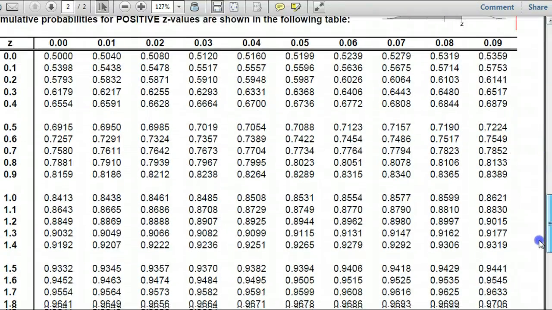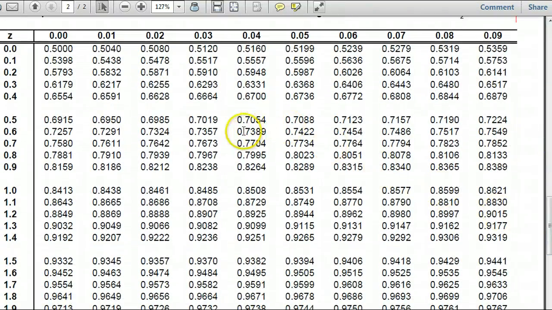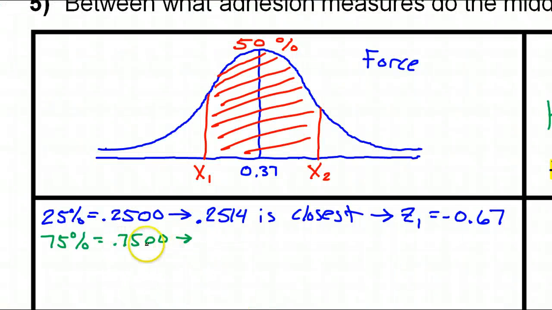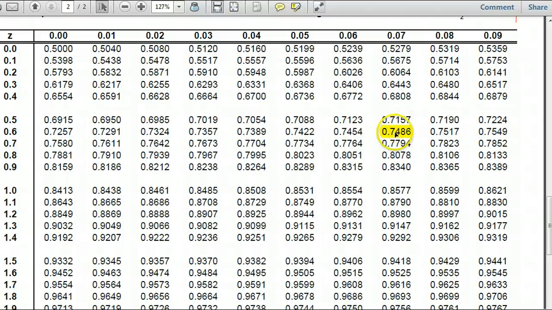Okay, it would have been on the positive side. I'm looking for 0.7500. Oh look, there's 0.7517. Alright, this is 0.7486. This one's closer.